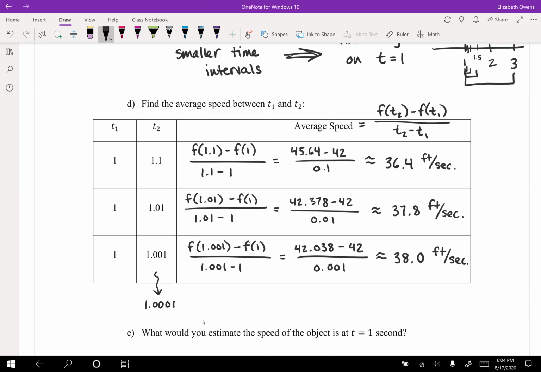So it's kind of interesting. We keep making that time interval smaller and smaller, narrowing in on our point of interest at 1 second, and the average speeds taper off at about 38.0 feet per second. They don't really change a whole heck of a lot after that.